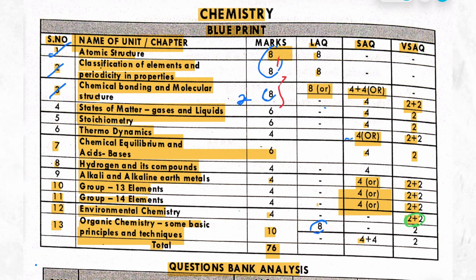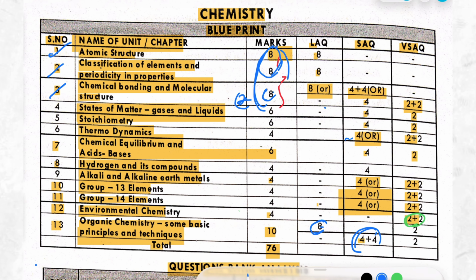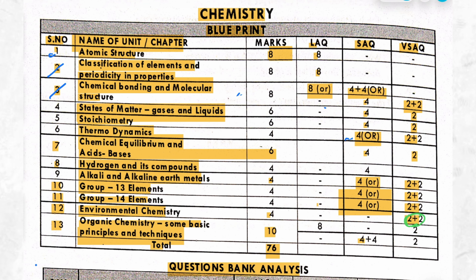This we can simply understand. Clear? So if they ask two LAQs from the first two topics, then from chemical bonding they ask two SAQs and one LAQ from organic chemistry. If they select LAQs from the first three topics, then we'll go for two SAQs here.